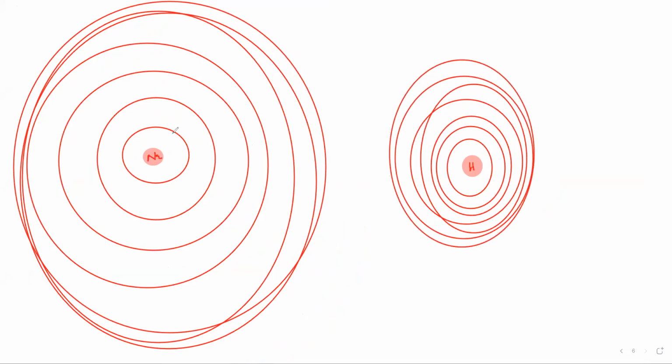So, for example, in sodium we have first shell 2 electrons, second shell 8 electrons, or instead of sodium, take the example of lithium or helium, so that we can compare them. This is shell 1 for helium and this one is shell 2. Shell 1 for hydrogen and shell 2.